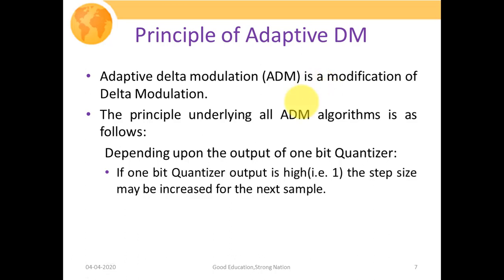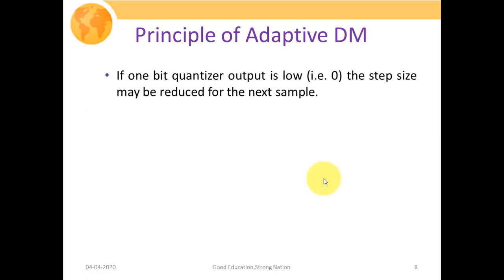So the principles over which all the adaptive delta modulation algorithms work are as follows. Depending upon the output of the 1-bit quantizer, if the quantizer output is high, that is if a 1 bit is generated, then the step size may be increased for the next sample, and if the output of the 1-bit quantizer is low, or we could say 0, then the step size may be decreased. So this is what we have discussed.